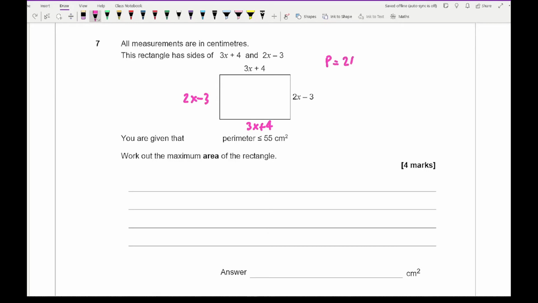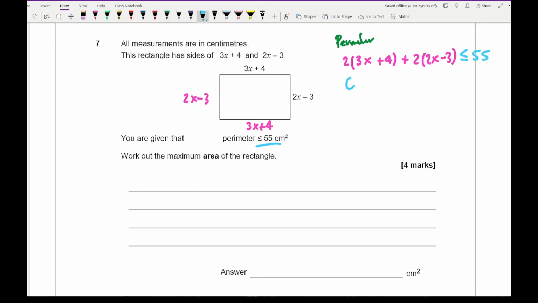So I've got two lots of 3x plus 4 plus two lots of 2x minus 3. And I'm just going to get rid of that P equals. We're looking at the perimeter, that based on this information is less than or equal to 55.